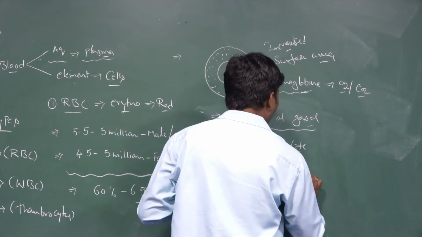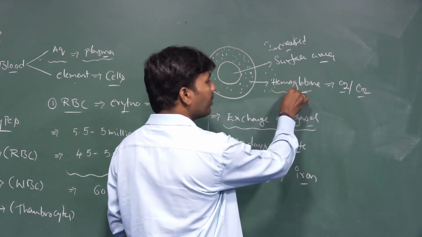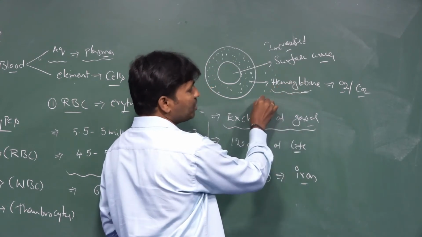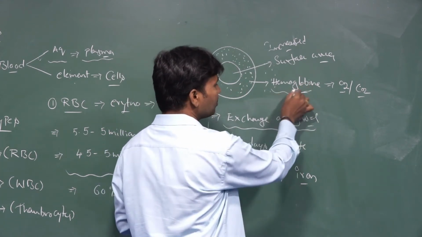The remaining iron material: we already discussed hemoglobin. In this molecule, heme is present and globin is present. Globin is the protein molecule, and heme is the iron component.